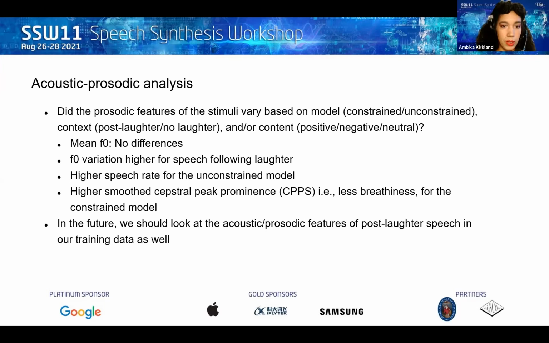Sorry, that's a bit confusing. What we probably should have done and would do in the future is to look at the actual acoustic and prosodic features of the post-laughter speech in our training data, what that post-laughter speech actually sounds like in our corpus.